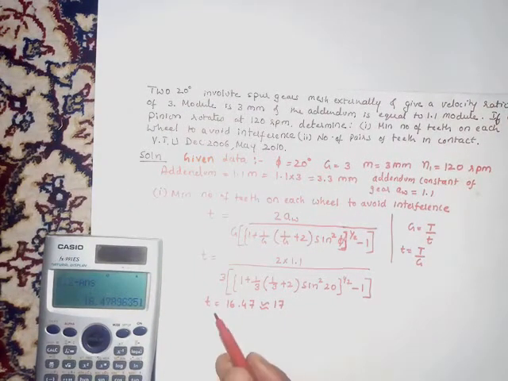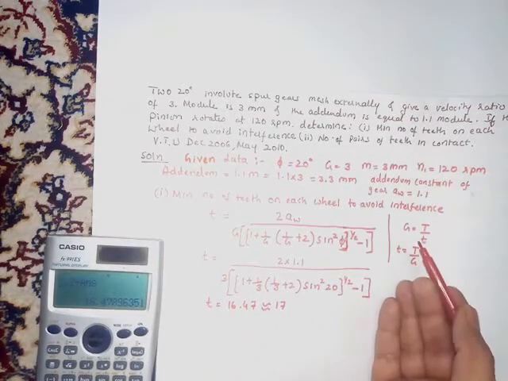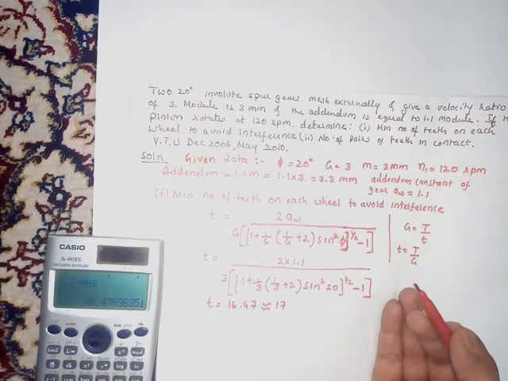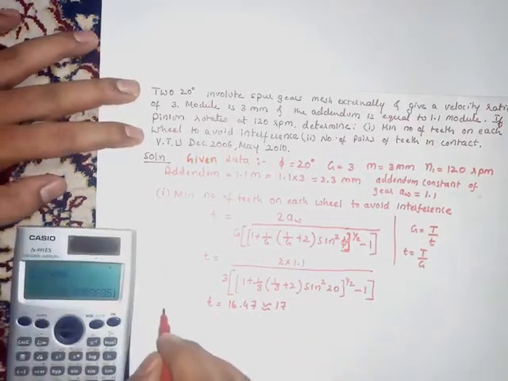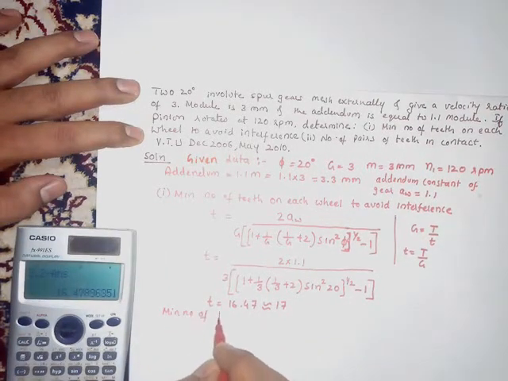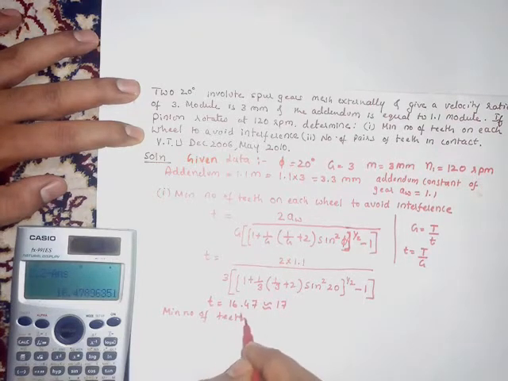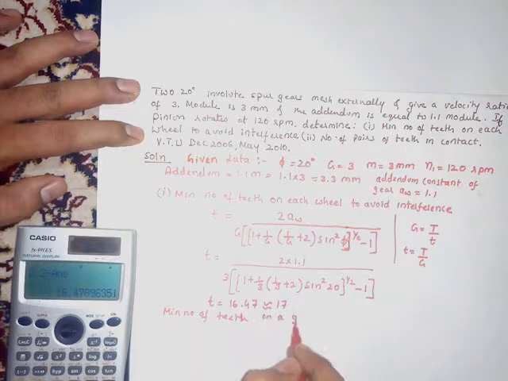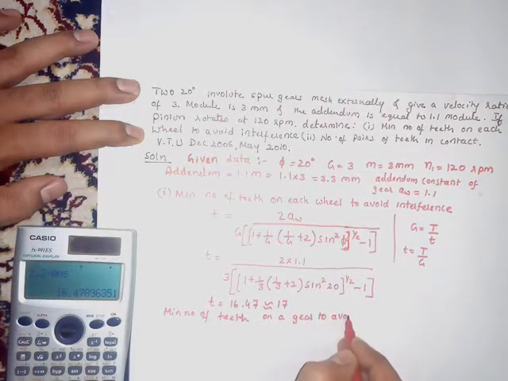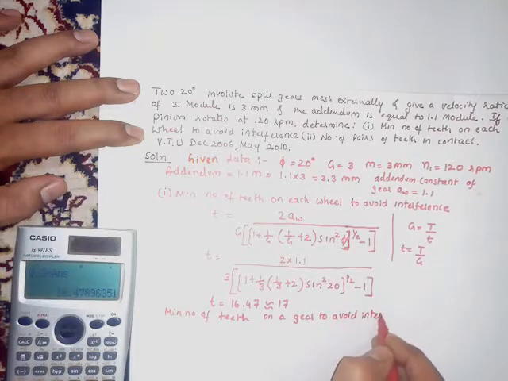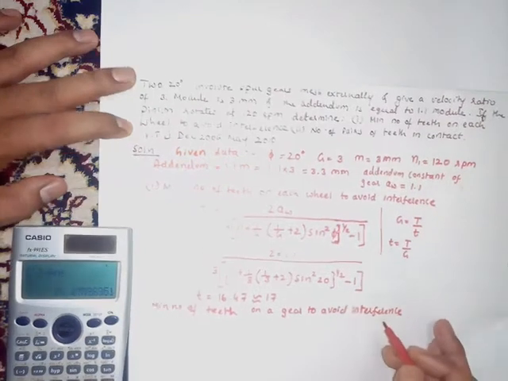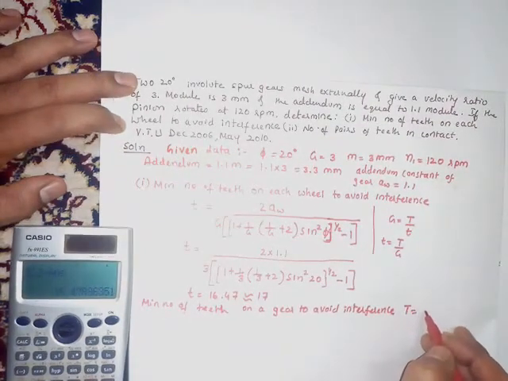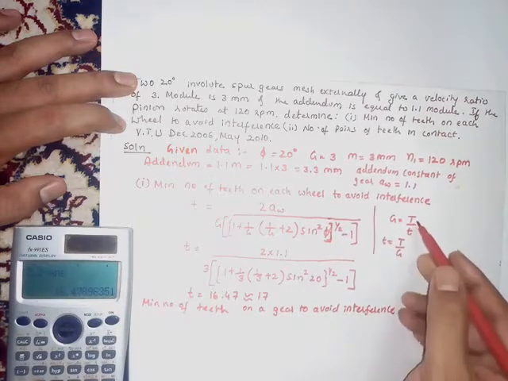Now this is the value of small t, so we know that G is equal to capital T by small t, so the minimum number of teeth on the gear to avoid interference, I'll write it as capital T is equal to G into small t because of this equation.